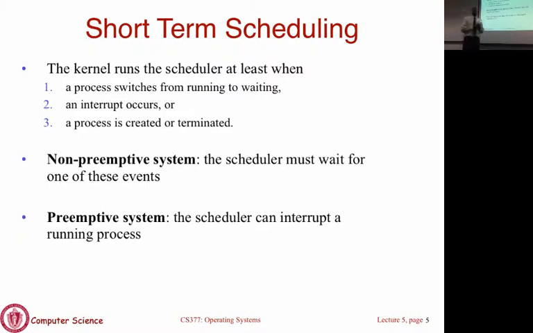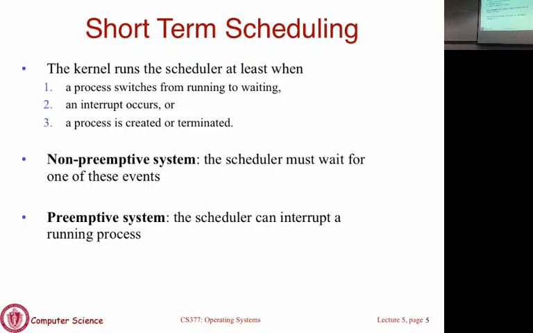Now, depending on what short-term scheduling policy you have, we are going to distinguish between a non-preemptive scheduler and a preemptive scheduler. As the name suggests, in a non-preemptive system, the scheduler will never interrupt a process by itself. It will always wait for one of those three events to happen before it will run.